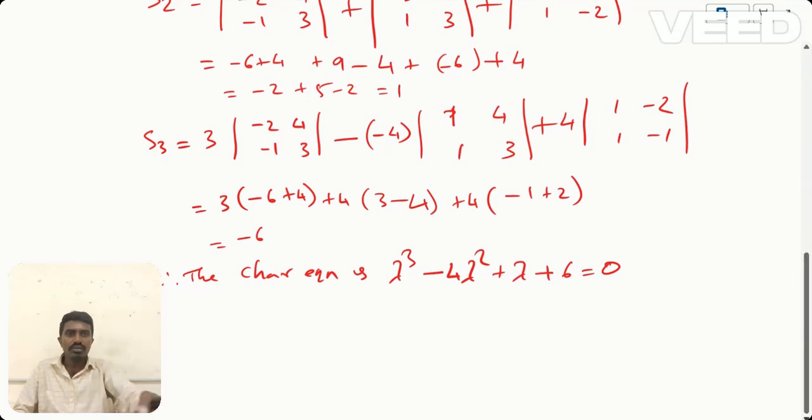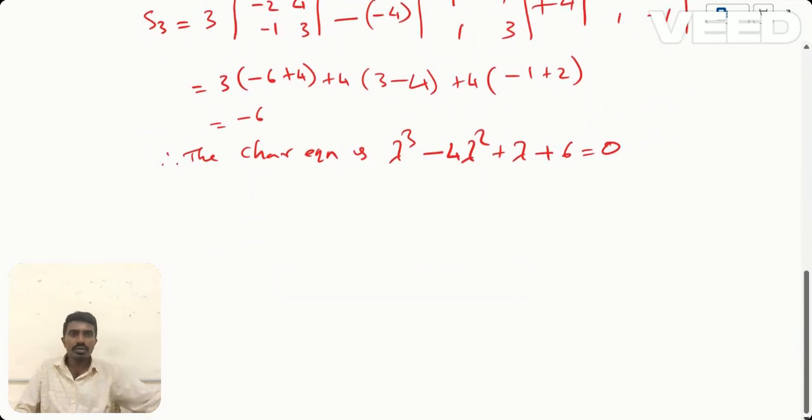For that, you first write the coefficients: 1, minus 4, 1, 6. Write the coefficient of the cubic term, that is 1, the coefficient of the square term, minus 4, the coefficient of the linear term, 1, and then the constant, 6.